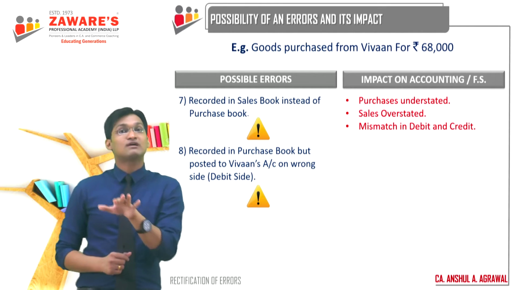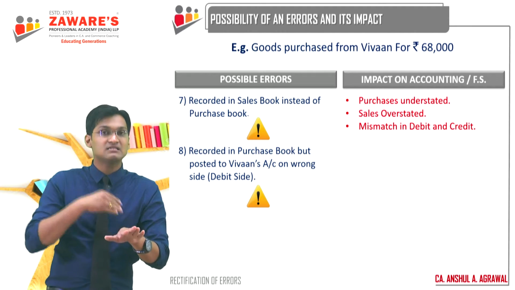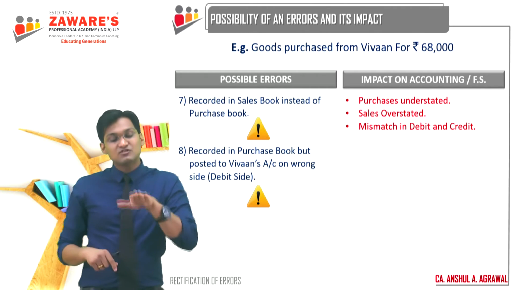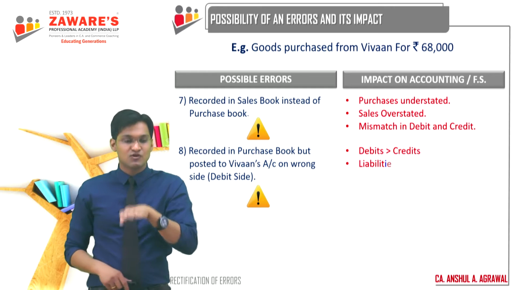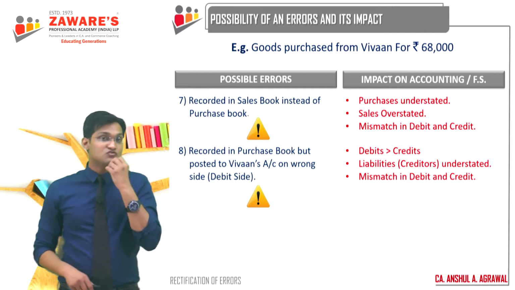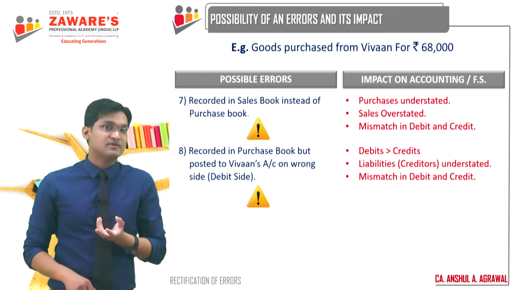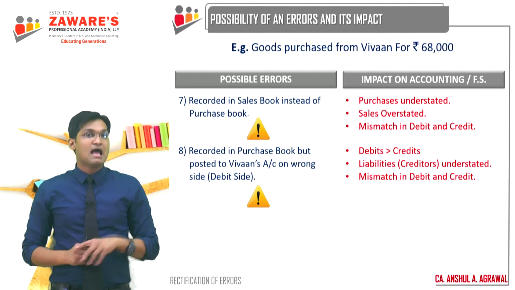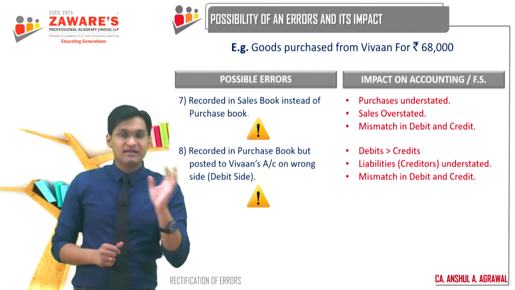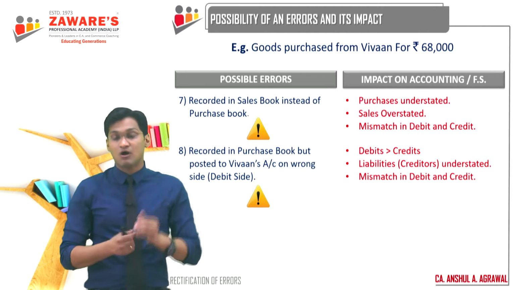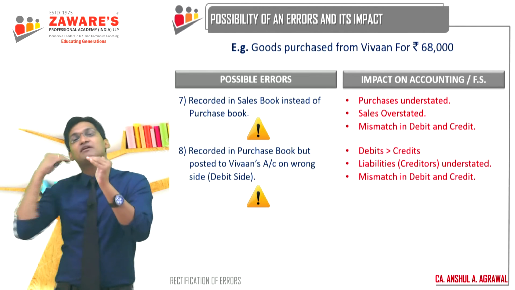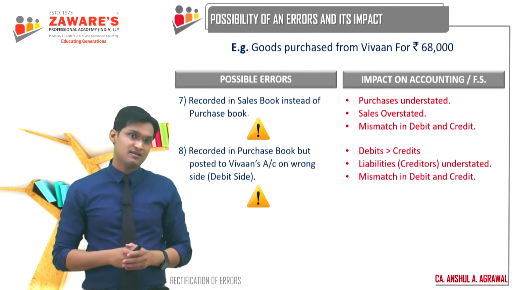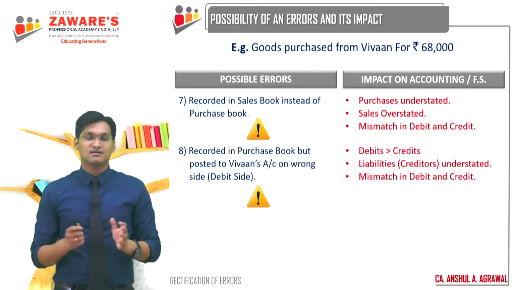Vivan's account, which should have been credited, you have mistakenly recorded on the debit side. That means Vivan's account is wrongly debited. Means purchase also debited, Vivan's account also debited. What will be the effect of this error? If you see, your debits are more than credits. Really speaking, in this particular transaction, you haven't credited anything. You have debited both the amounts. As a result of this, your liabilities are understated because Vivan's account, which should have been credited, you have debited him. So your liabilities, your creditors are understated and thereby creating mismatch in total debits and total credits.